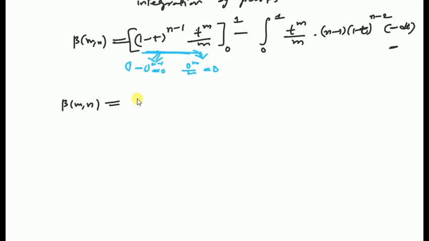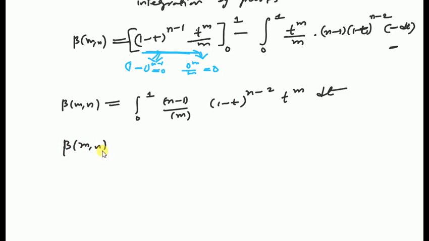So what I have, integration from 0 to 1, inside I have left n minus 1 in the numerator, m in the denominator, and t power m, 1 minus t n minus 2, t power m into dt. You pull this outside, then beta mn will become n minus 1 by m, then the remaining thing will be 0 to 1, 1 minus t whole power n minus 2, t power m into dt.